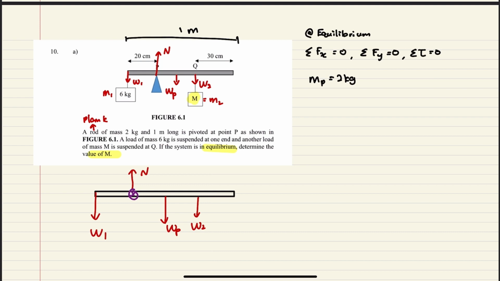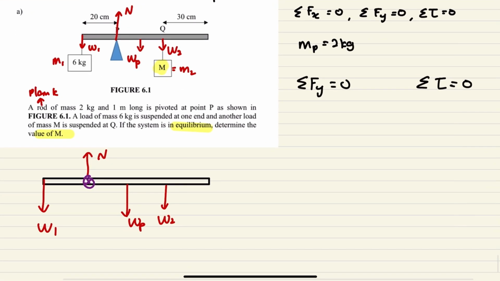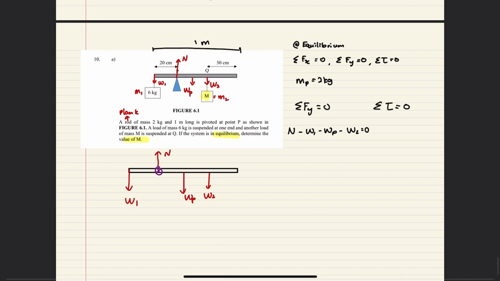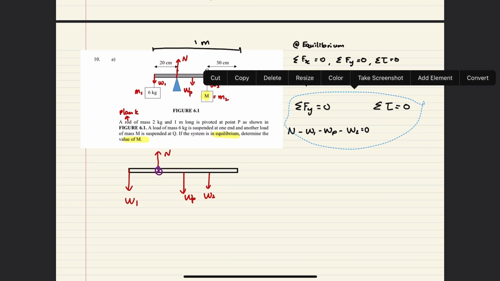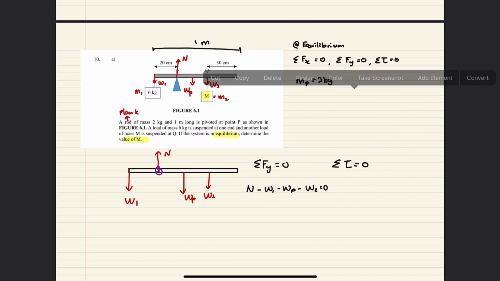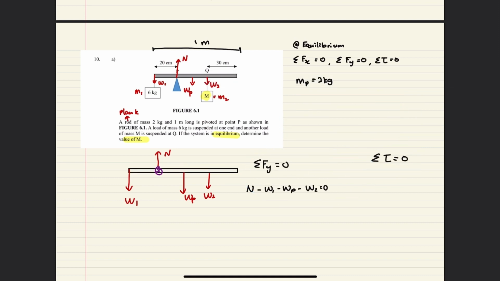Summation of Fy equals 0, and summation of torque equals 0. For the forces in the Y component, you will have N positive because that one is going upwards, and then minus the negative ones, WP, W1, WP, W2 equals 0. I'm running out of space, so I just change the position to there.